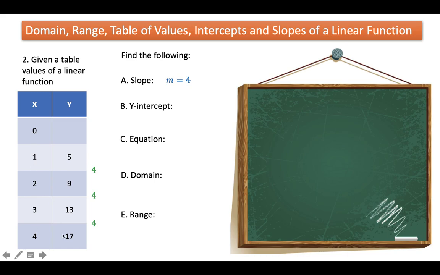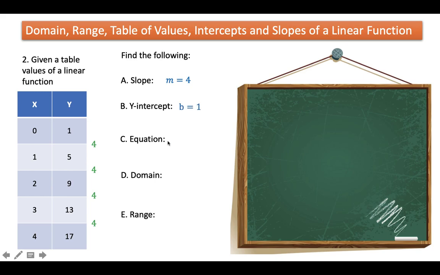So by observing the pattern, 17 minus 4 is 13, 13 minus 4 is 9, 9 minus 4 is 5. So 5 minus 4, that is 1. And that's the corresponding value of y if x is 0. And since x is 0, this y value here is our y-intercept.